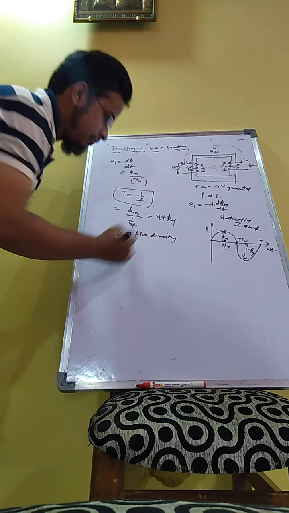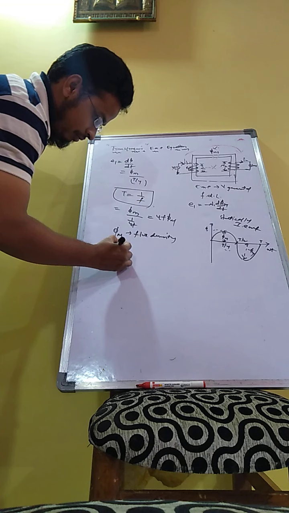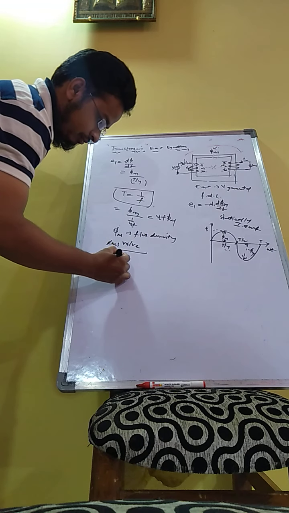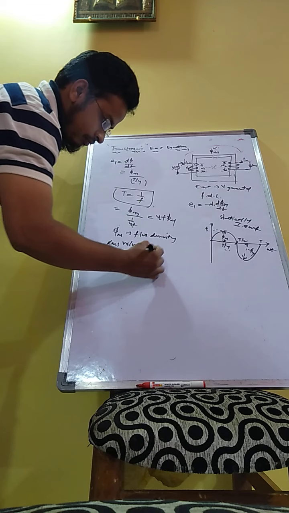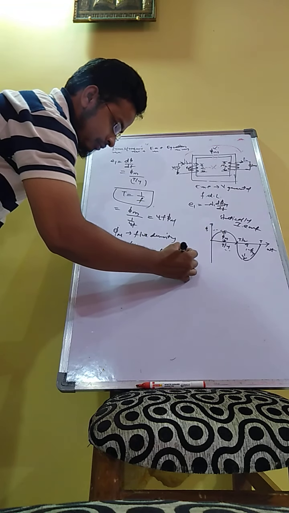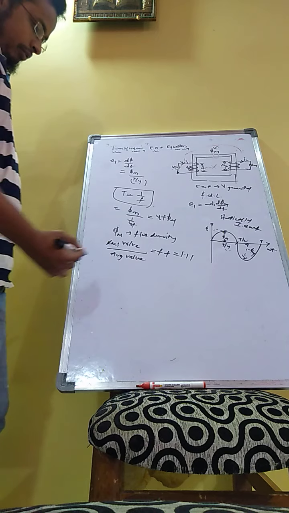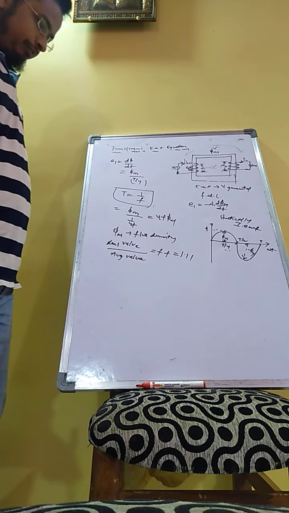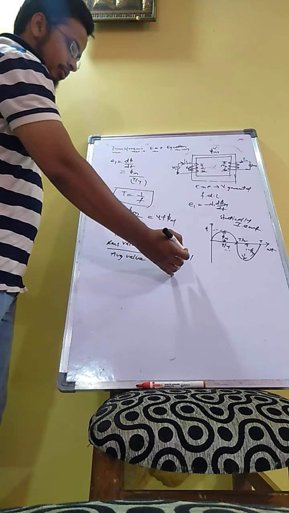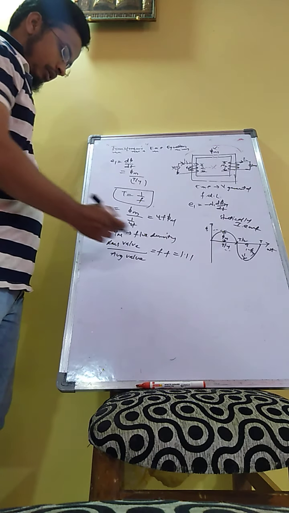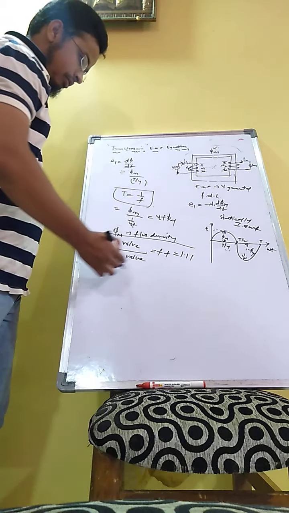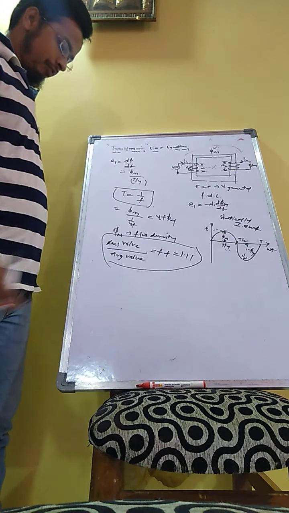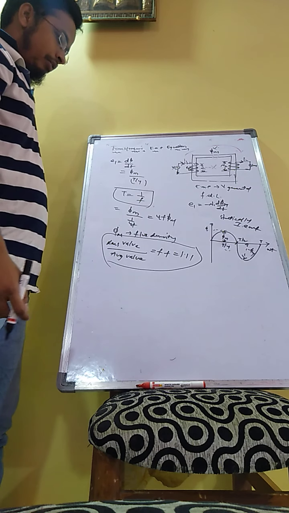Now RMS value by average value equals the form factor, which equals 1.11. This is one of the major relations for a sinusoidal wave. RMS means root mean square value.